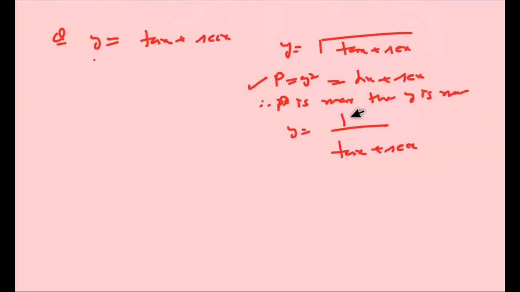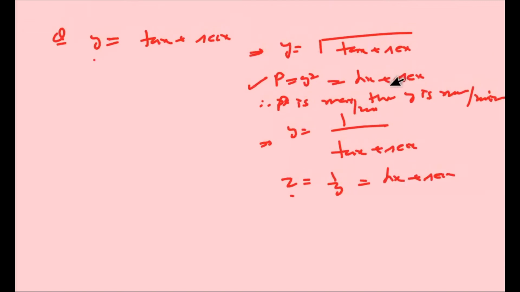If p is minimum, then y is minimum. And I have already explained in the previous video, it is the reciprocal of this. If we take z equal to 1 upon y equal to 10x plus sec x, now it is easy.